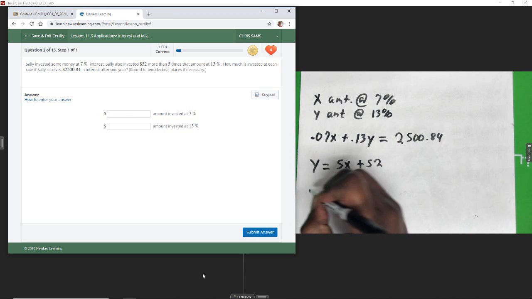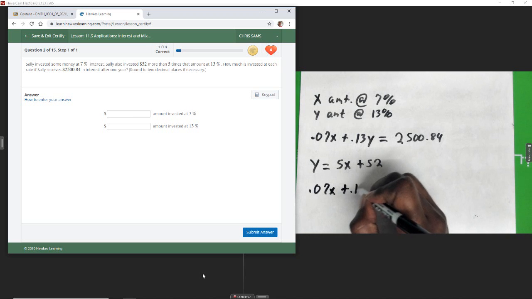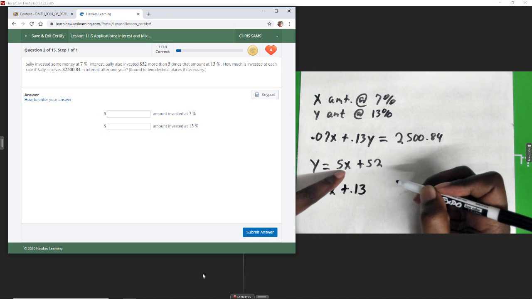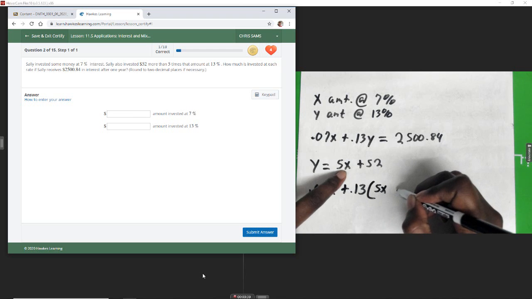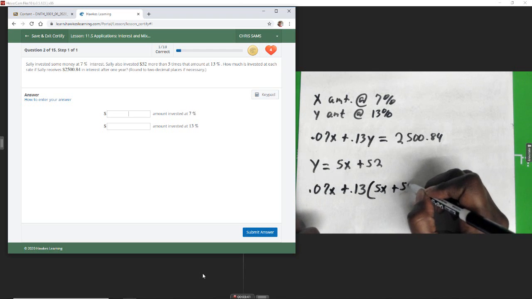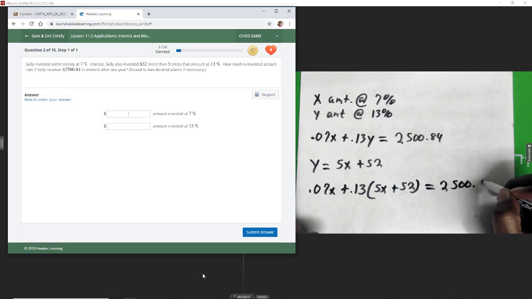So we got 0.07x plus 0.13. Now instead of y, we're going to be replacing that with 5x plus 52. And then this equals 2,584.